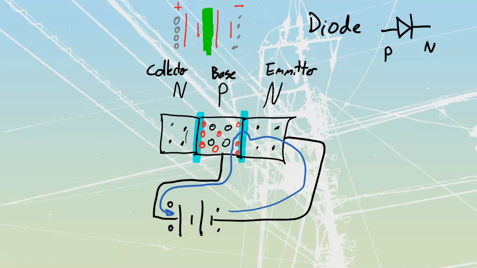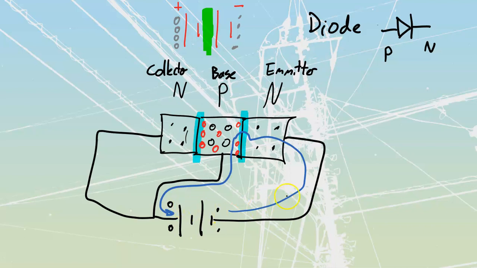I want you to think about the base as if this thing were a balloon. So as we shrink down this depletion region to the point where it conducts, guess what? This depletion region is also going to be shrunk down to the point where it conducts as well. Which means that if I were to attach one more lead over here, I would now be able to have a complete path for current flow through this material over here.